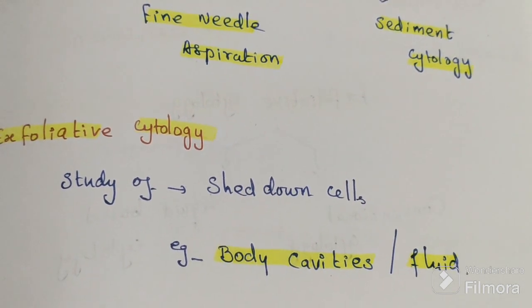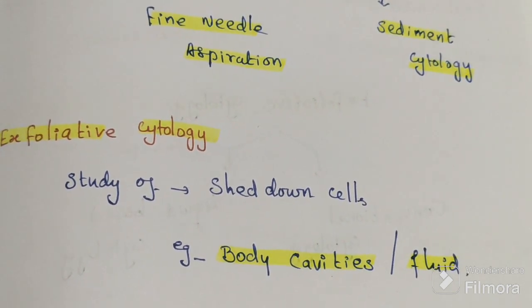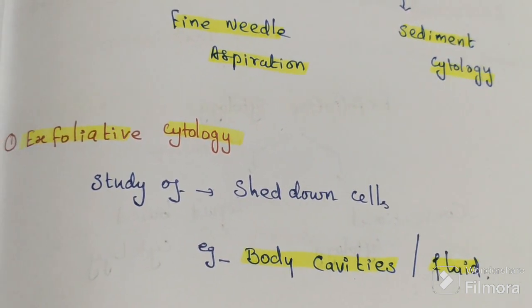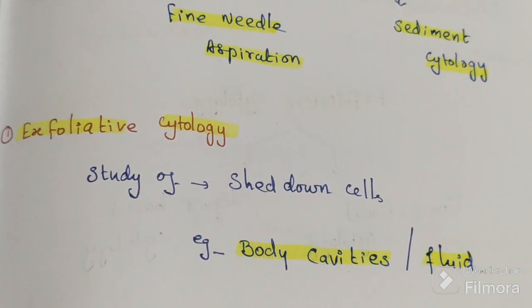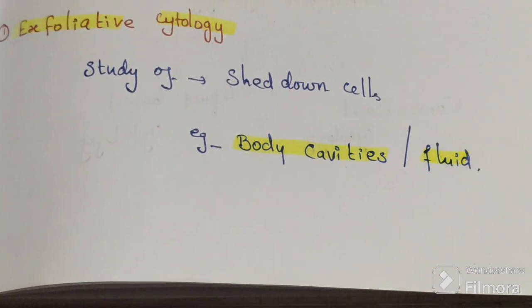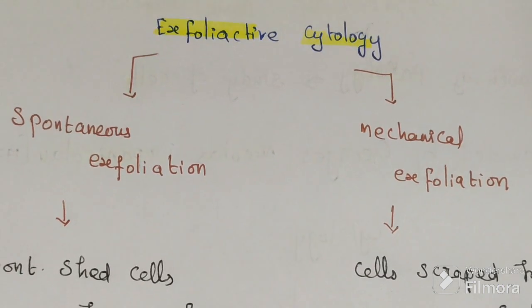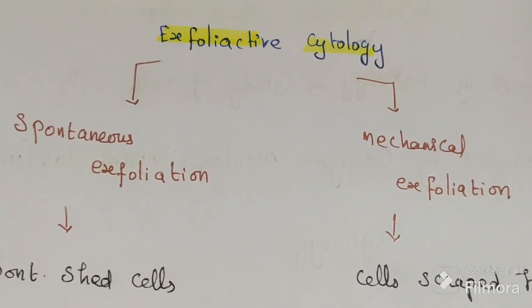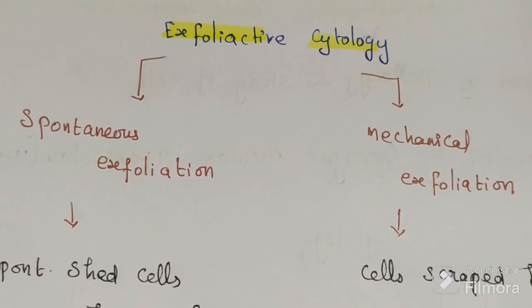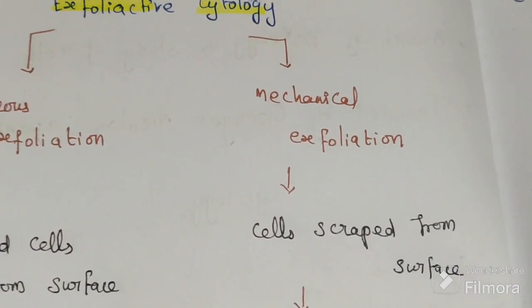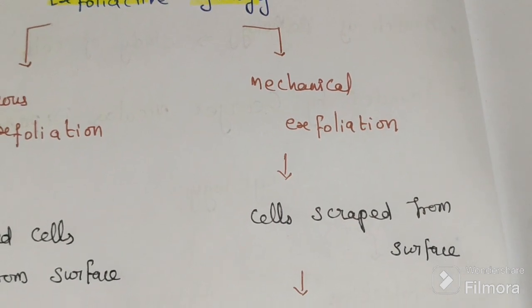They are shed into either body fluid or body cavity. This is called exfoliative cytology. Exfoliative cytology has two categories: one is spontaneous exfoliation, and the second one is mechanical exfoliation.